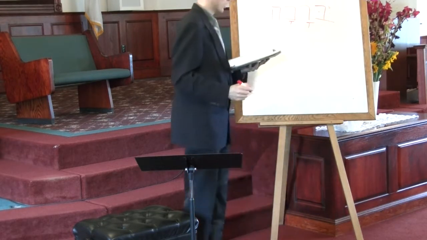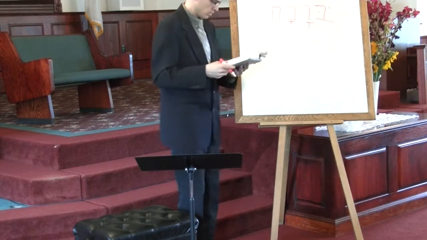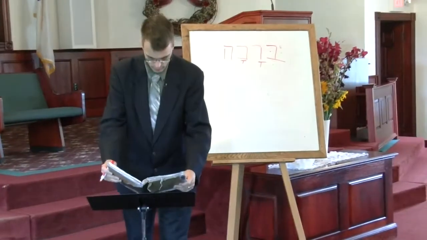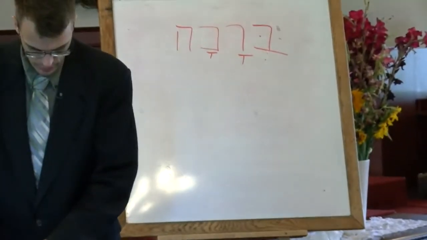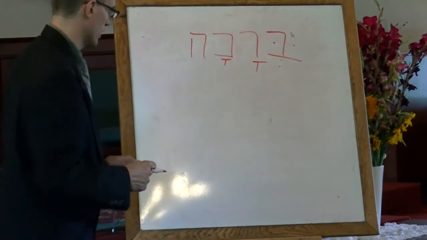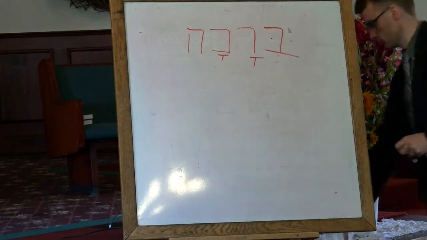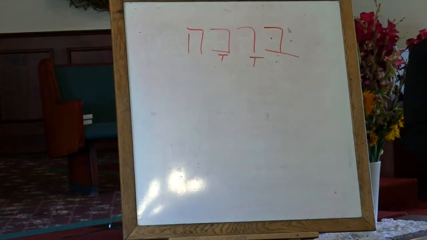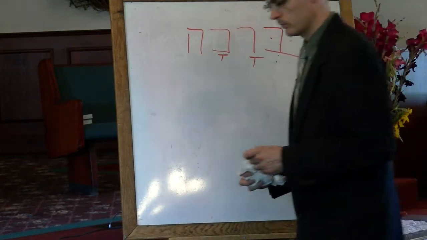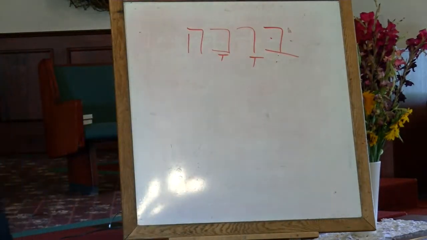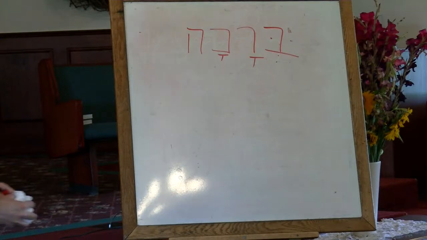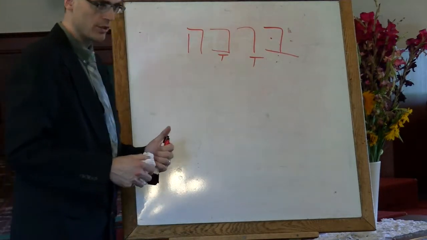Okay, so there's Barakah. So first we do the easy part to it. So what do we do to the ending of Barakah, if this is a construct now? You guys are probably looking at the rule of shewa, which is good, since I told you to do that.